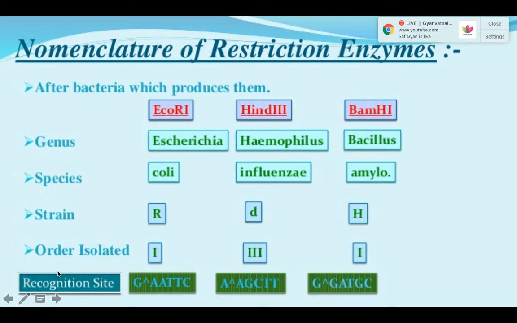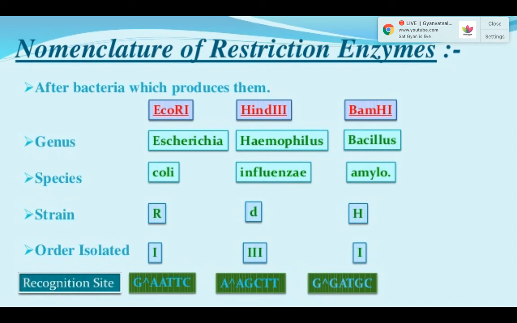As for example, you are isolating the organism from Escherichia, so you write the letter E, that is the genus. The species name is coli, so you write two letters, co. So E stands for genus, co stands for species name, and the strain is R; it is derived from strain R, which could be any of A, B, C, D, E, F, G. We are talking about EcoRI, so I am giving you the example of strain R, and the order of isolation is 1. In what order was it isolated? It was isolated at number 1. So that's why the name of that restriction enzyme is given as EcoRI.